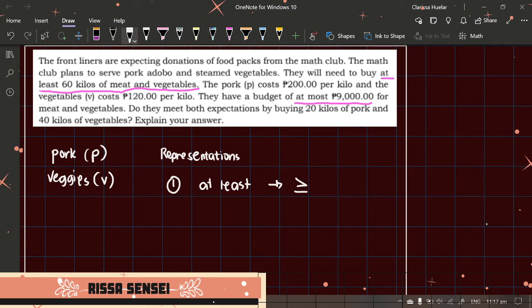Okay? Dapat hindi bababa ng 60 kilos. So paano yun? So the kilos of pork plus the kilos of veggies, it should be greater than or equal to 60 kilos. Therefore, this P plus V greater than or equal to 60, this is our first inequality.